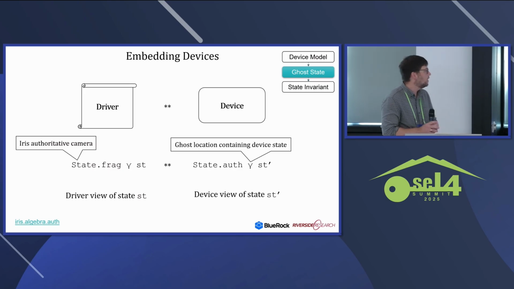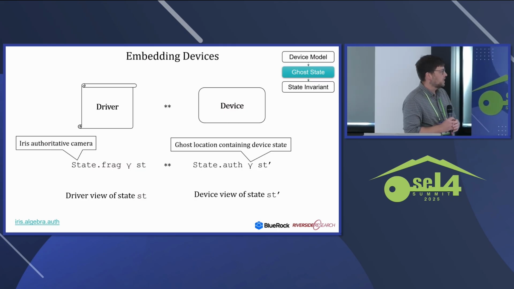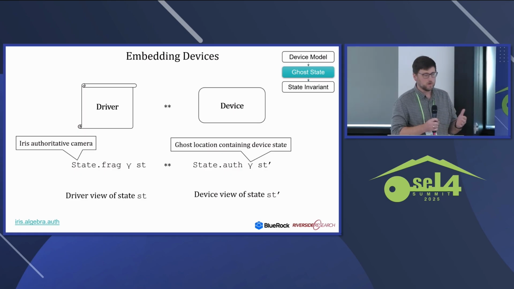Okay, so the next step is going to be to use ghost states. This is something that Matt mentioned. Iris has a notion of ghost state for talking about things that aren't actual program variables, let's say, but things that are abstract. So gamma on this slide is a ghost location that's going to contain conceptually the state of the device.